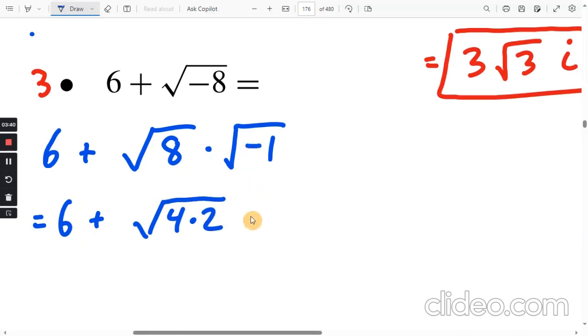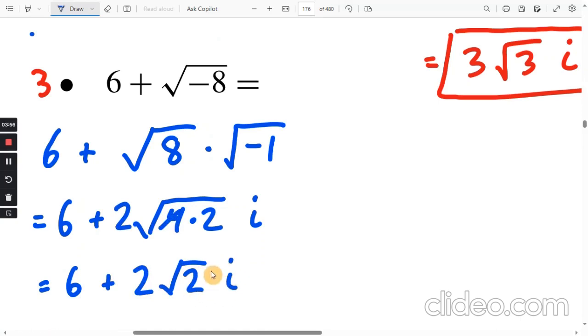Square root of -1 is just i. And the square root of 4, if I cancel out the 4, is just 2. So it's plus 2 radical 2 times i. Again, that i is not underneath the radical.